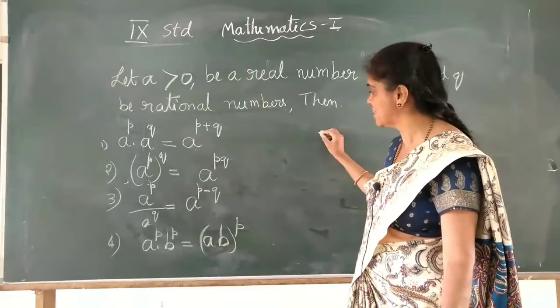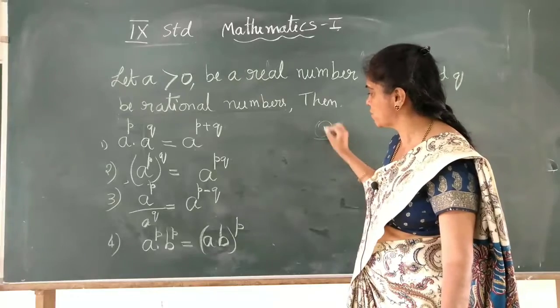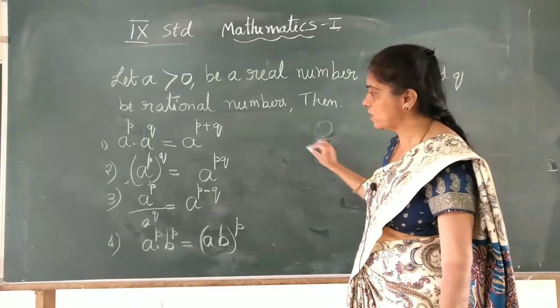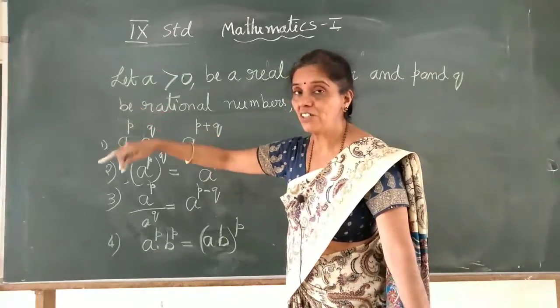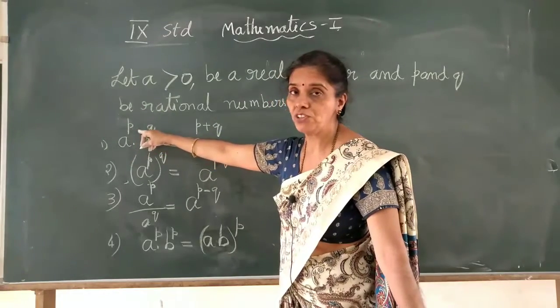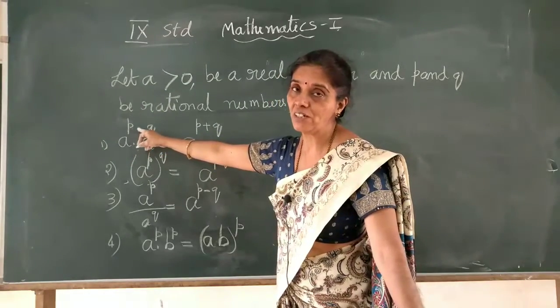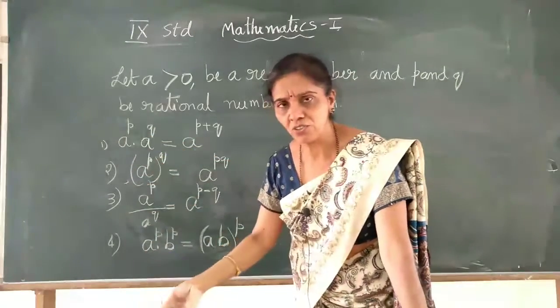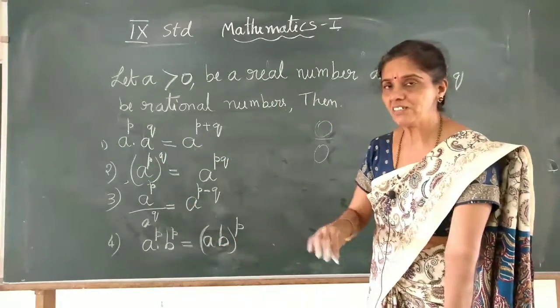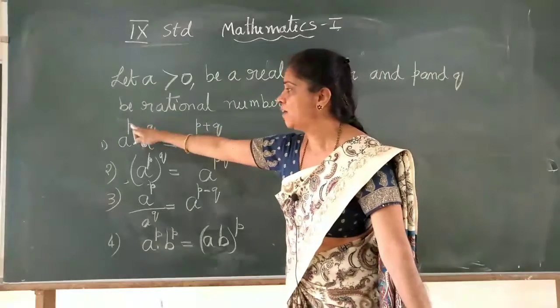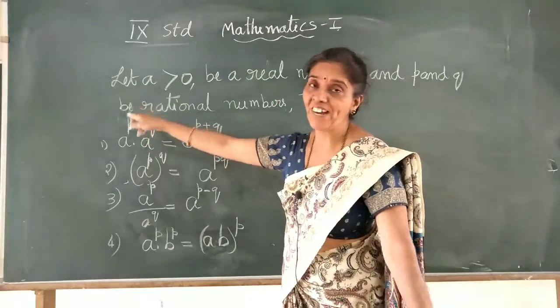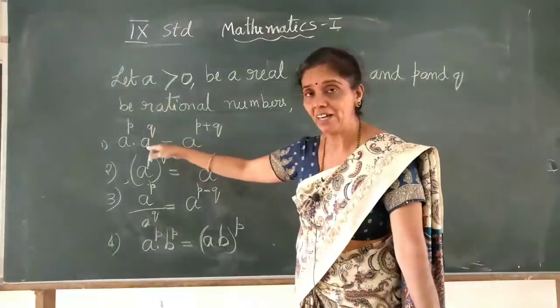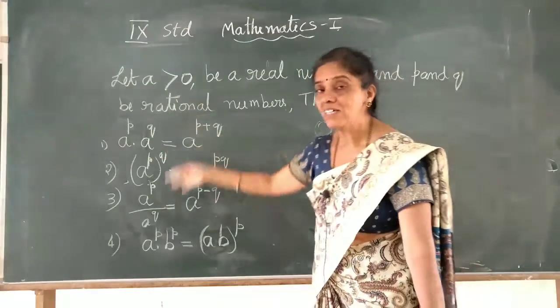You can write it with a numerator and a denominator. In the 8th standard you have studied integers, positive numbers, whole numbers, natural numbers, or sometimes negative integers. Here instead of integers we are using rational numbers, some fractions, then also we can apply the same rule.